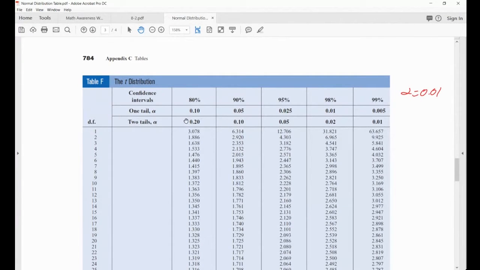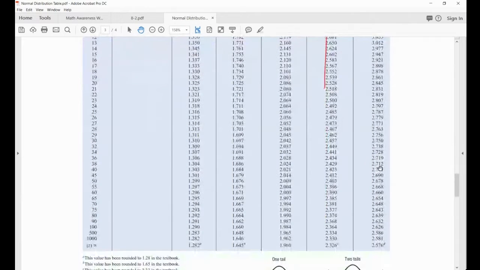Where it says one tail or two tails alpha? One tail because it's a left tail test. So one tail, alpha 0.01, last row. So 2.326.